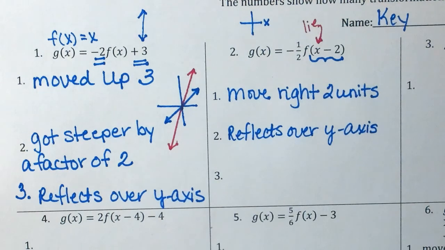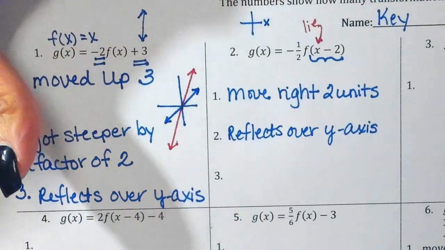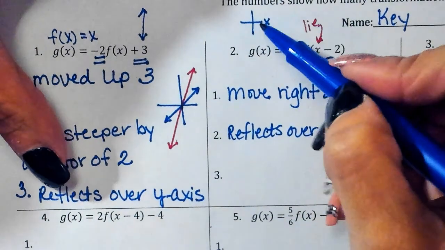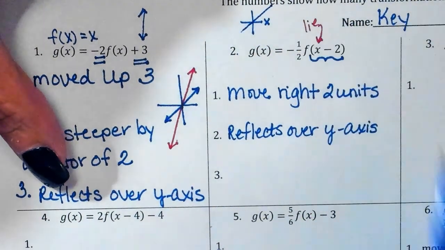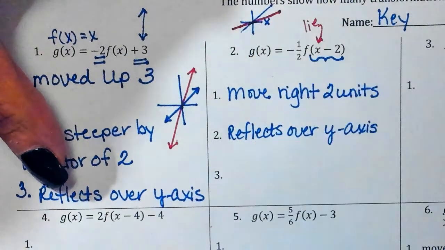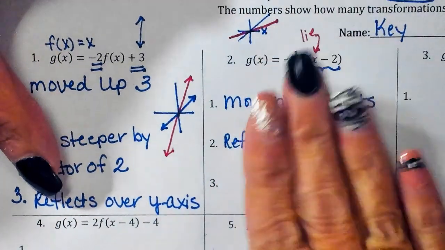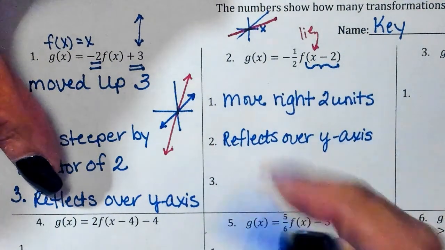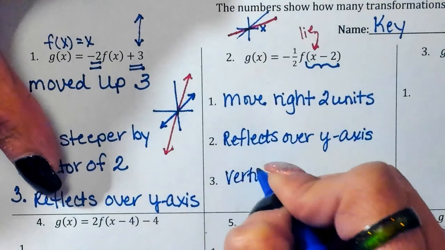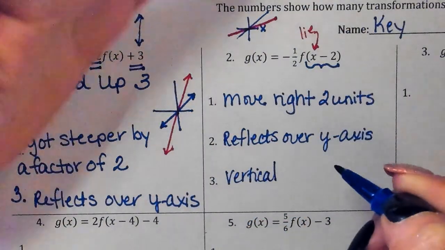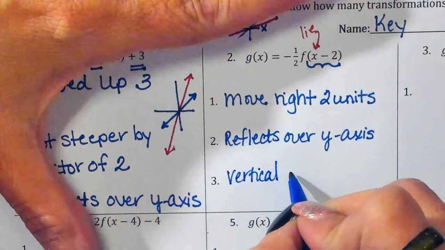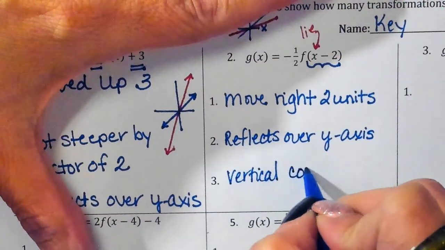Okay, and then that 1/2. Ooh, that is a fraction. Oh, fractions make my head hurt. I don't like fractions. Oh yeah, that's right. Fractions take the parent function, make its head hurt, and make it lay down or compress down. So I'm going to say that it is a vertical compression, so I'm shrinking it down.